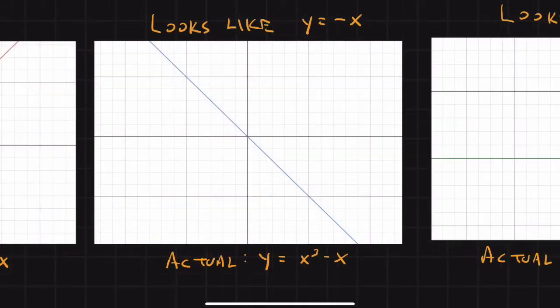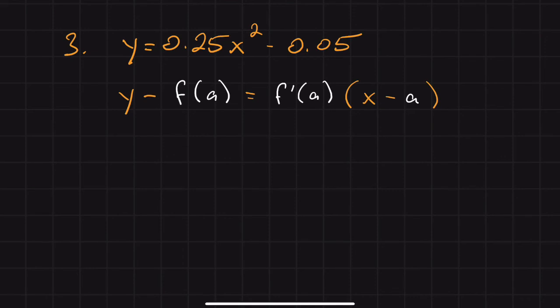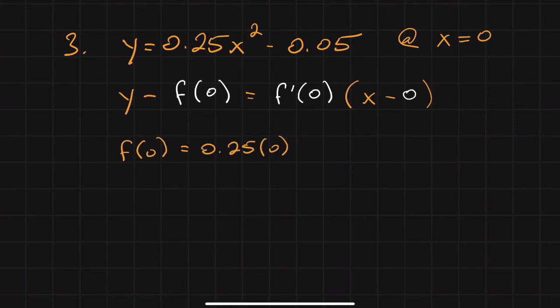The green curve was y equals 0.25x squared minus 0.05. Let's start with the point-slope equation. A is just x equals 0, so replace all of your a's with zeros. We now need to calculate f of 0 and f prime of 0. F of 0 would be 0.25 times 0 squared minus 0.05. This is negative 0.05.